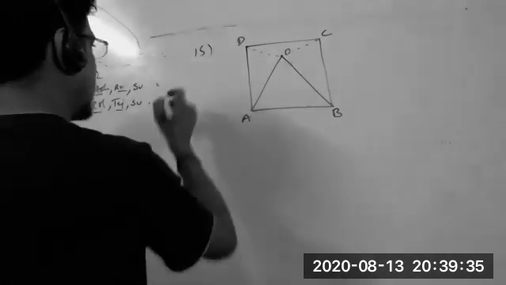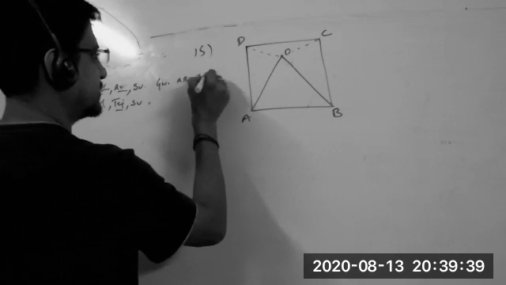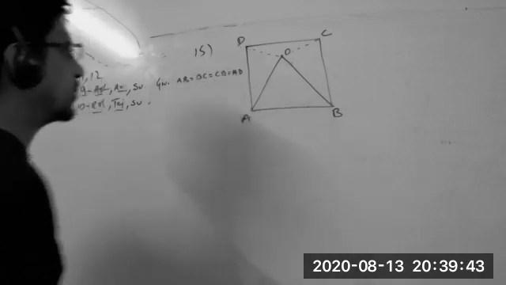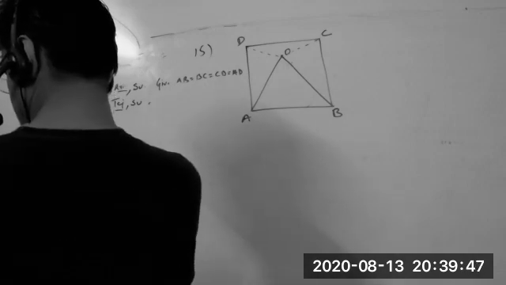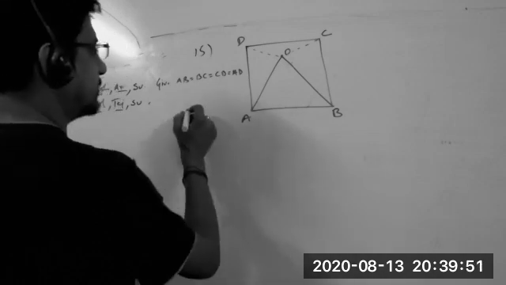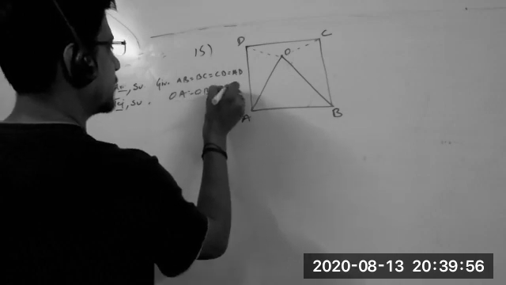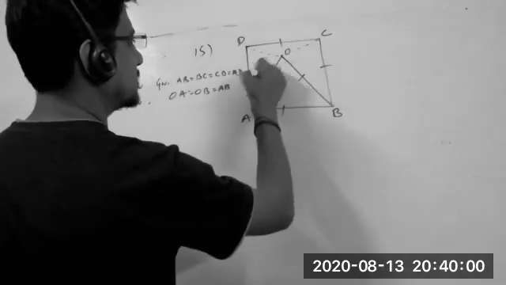So given that AB equals BC equals CD equals AD, since it is a square, and it says that OAB is an equilateral triangle. So OA equals OB equals AB.